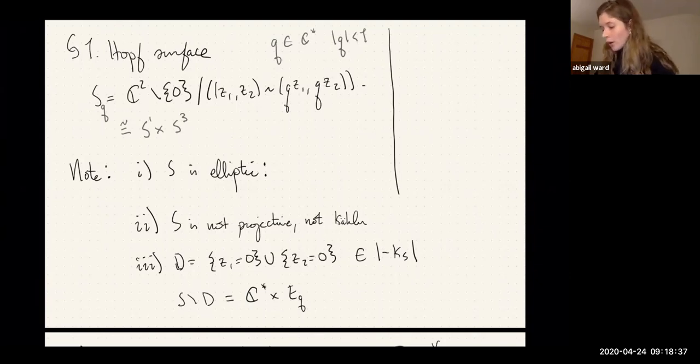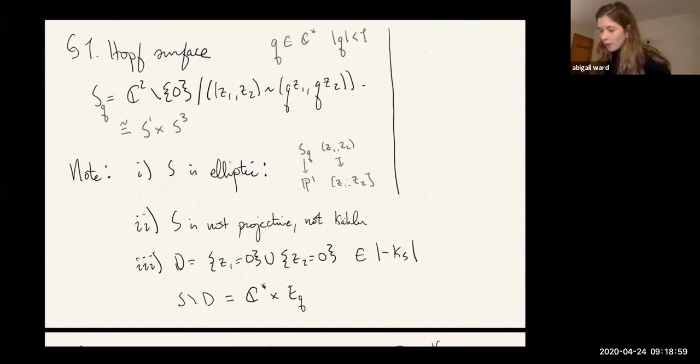So first of all, it's elliptic. What I mean by that is there's a map from S_Q to P1, and in coordinates it's given by (Z1, Z2) mapping to the ratio of Z1 and Z2.